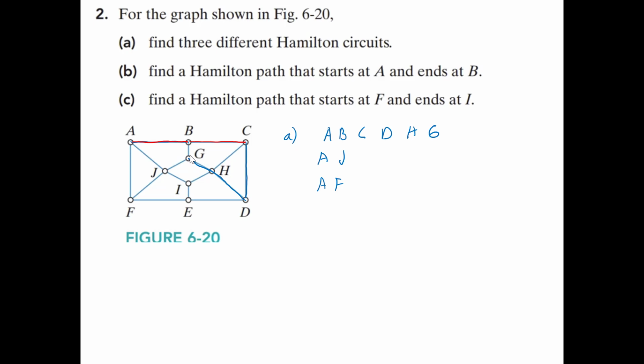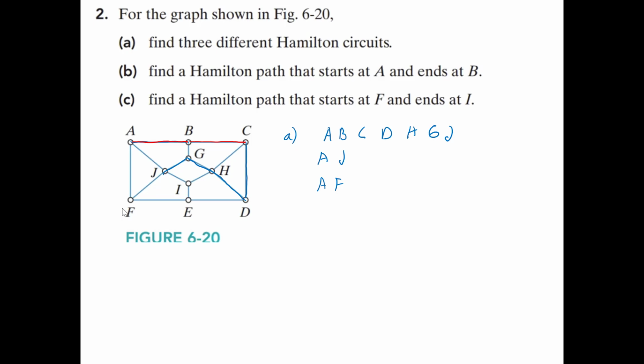But if I do that, oh no. But we just use trial and error. G, J, and then I can't go to A because I'll finish the circuit and I wouldn't have visited all the vertices.